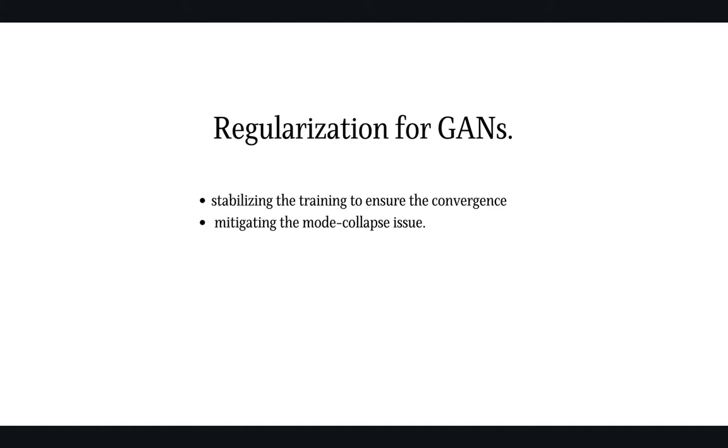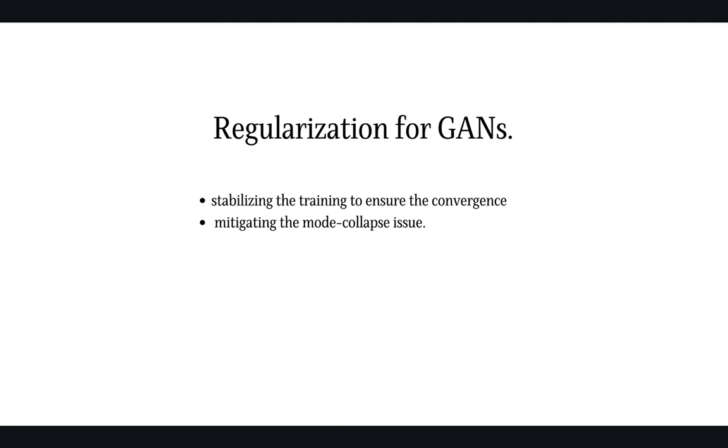To generalize a GAN, there are basically two important aspects to consider. One is stabilizing the training to ensure that the GAN converges in a proper and right manner, such that based on the discriminator input, it is able to create new fake images resembling the original input. The other is mitigating the mode collapse issue.